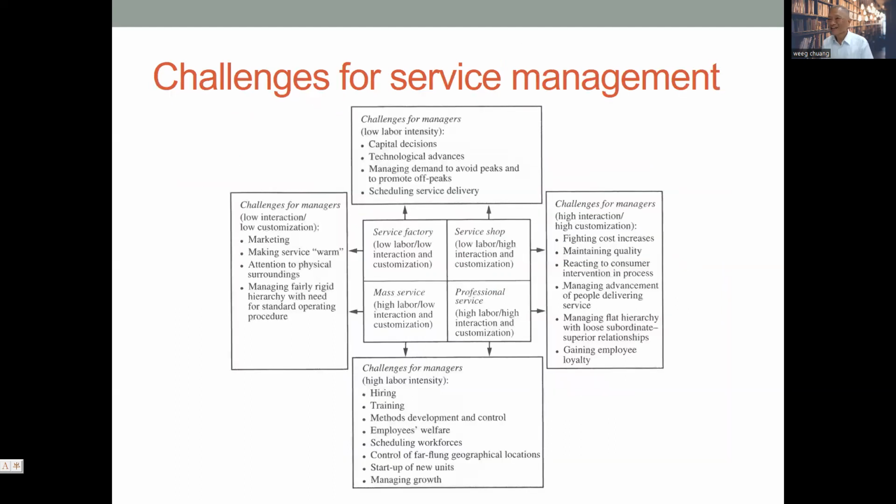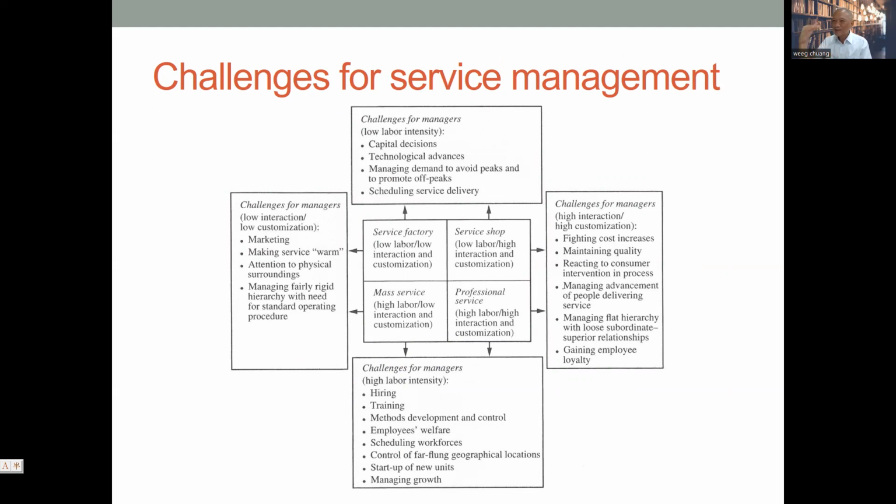And different kinds of services provide different opportunities for improvement. So we extend the matrix to consider major challenges for managers.